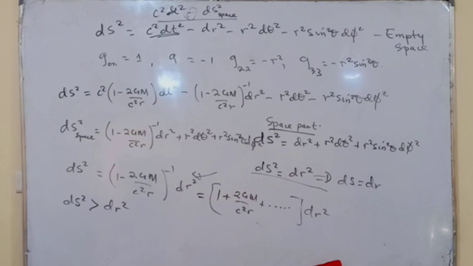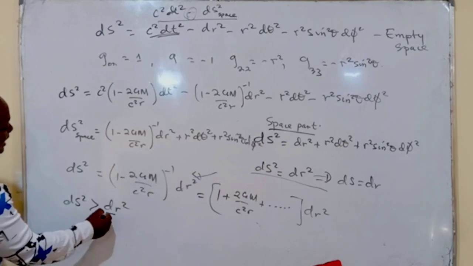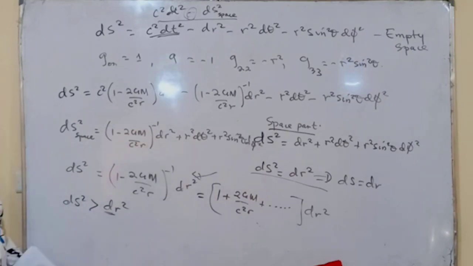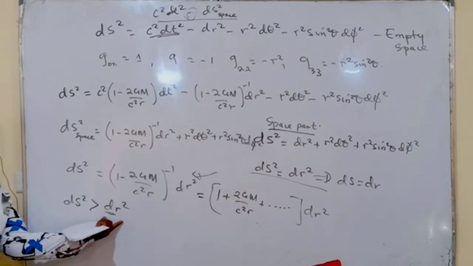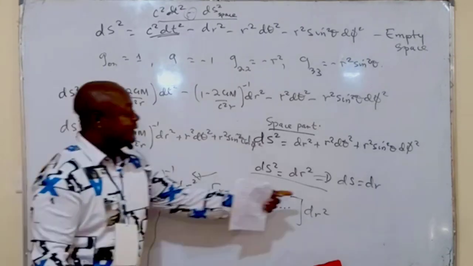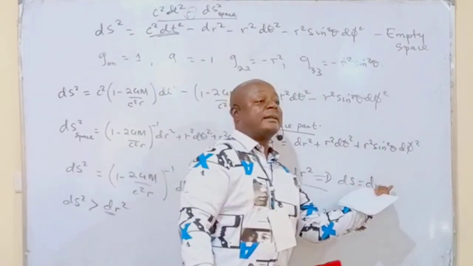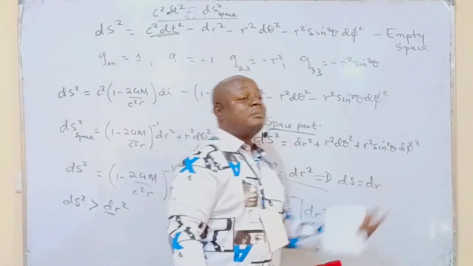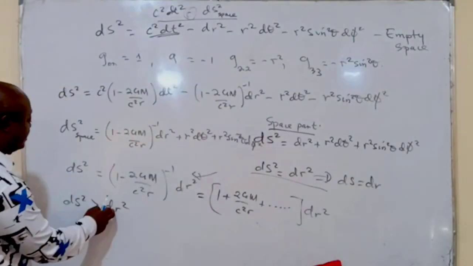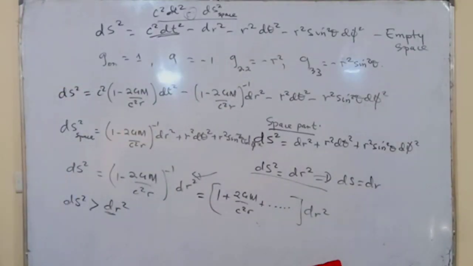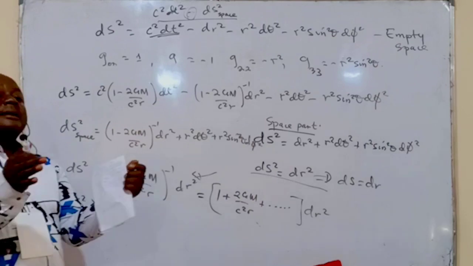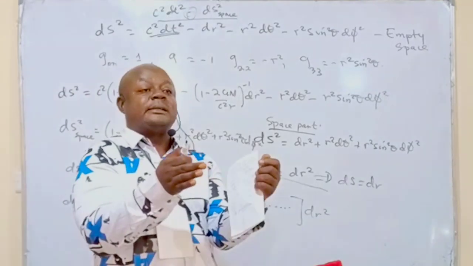Are we together? So what is this saying? It's saying that actually there is some sort of contraction. The s is no longer equal to the r, but the r is now less than the s. And remember, the r is the coordinate distance.